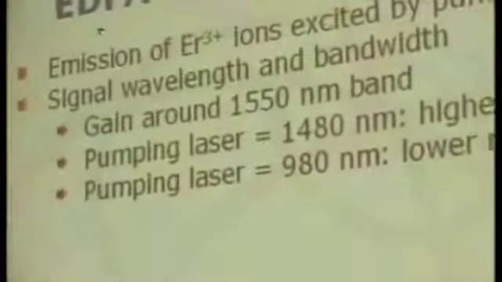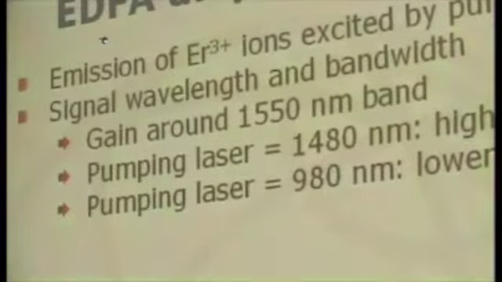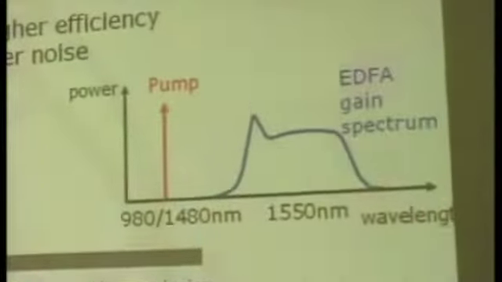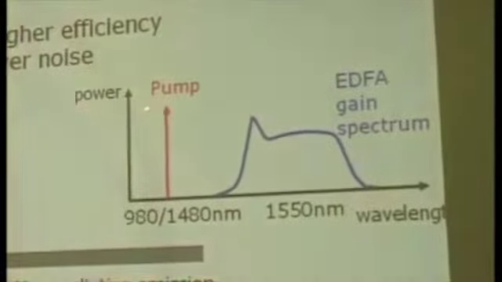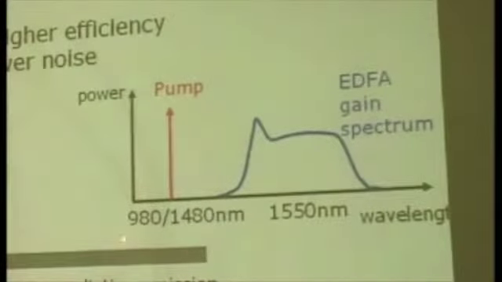So we say this is the EDFA gain spectrum. This is maybe 30 or 40 nanometers around the 1,550 nanometer region. And we use pump wavelengths, mainly 980 or 1,480 nanometers.